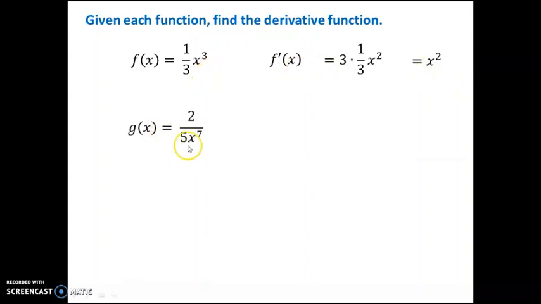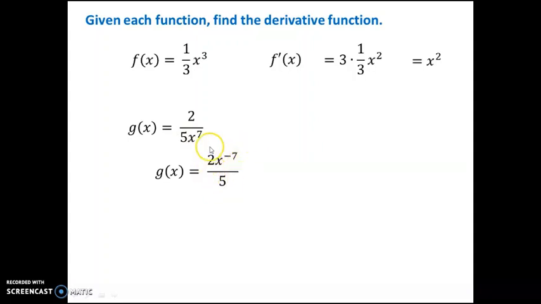Let's look at function g of x. Now the x is in the denominator of this fraction. As you may remember, when we have a variable in the denominator, we can bring it to the top of the fraction like this. So the 5 remained in the bottom, but that x to the 7th power jumped to the top and became a negative exponent.